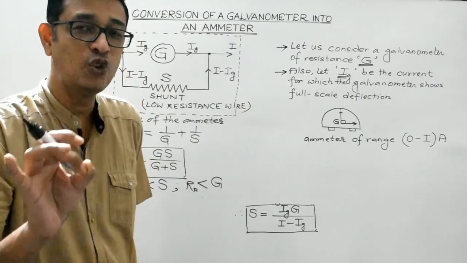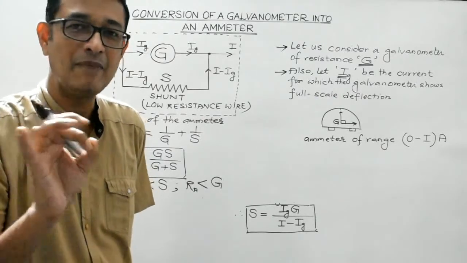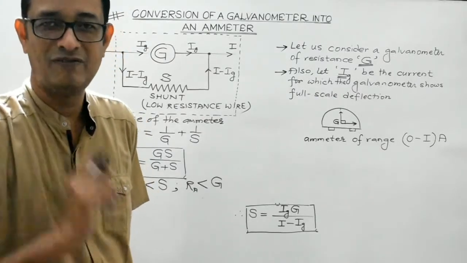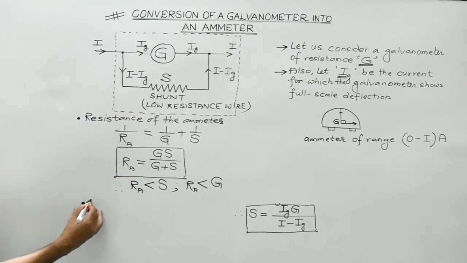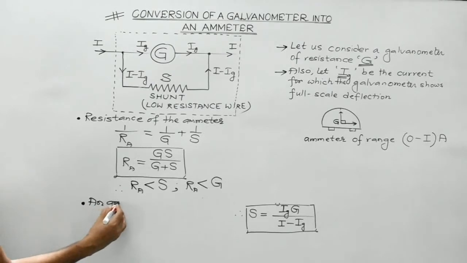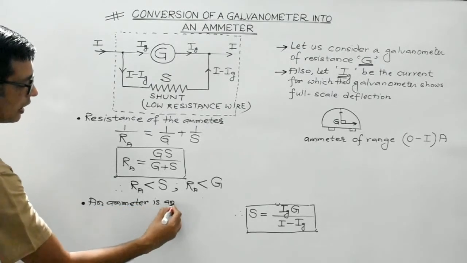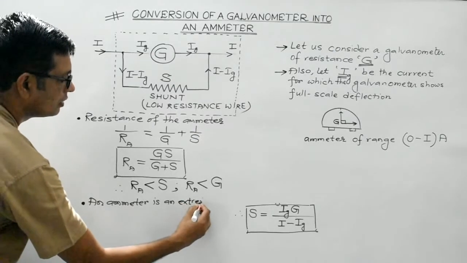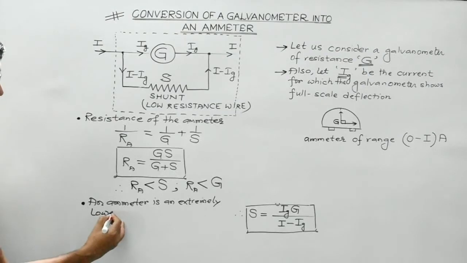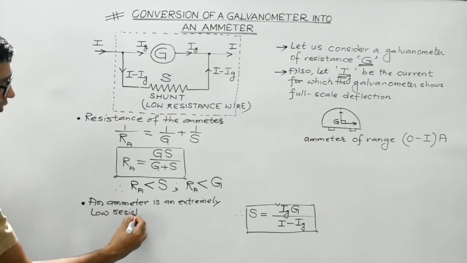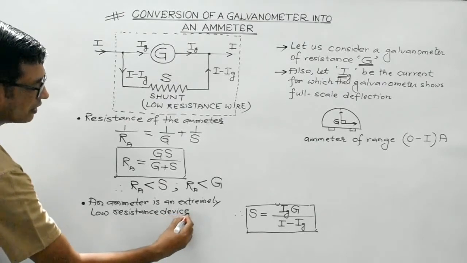So, what's the conclusion? The resistance of an ammeter is very, very low, right? So therefore, an ammeter is an extremely low resistance device. It is an extremely low resistance device which is used to measure the current.